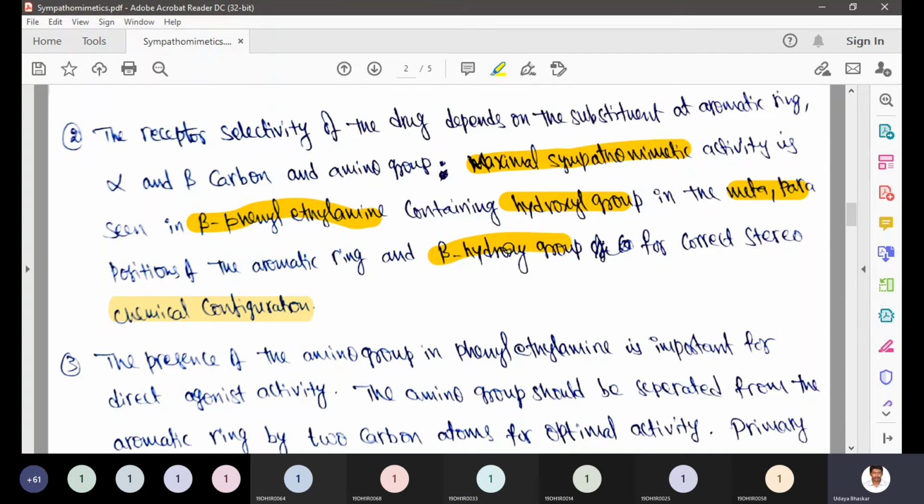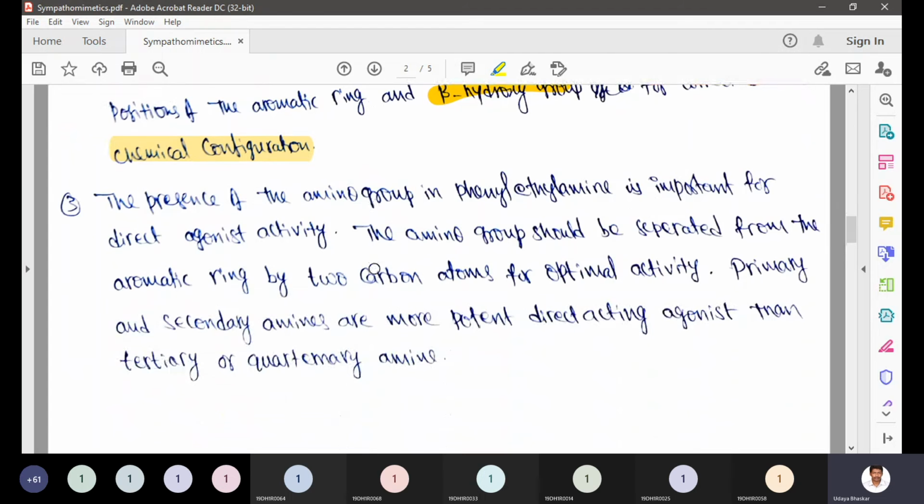Phenyl ring having hydroxyl groups at meta as well as para positions will have maximum sympathomimetic activity, and the hydroxyl group at the beta carbon will be great for the correct stereochemical configuration. The spatial arrangement fits the receptor binding site. That is what stereochemical configuration means.